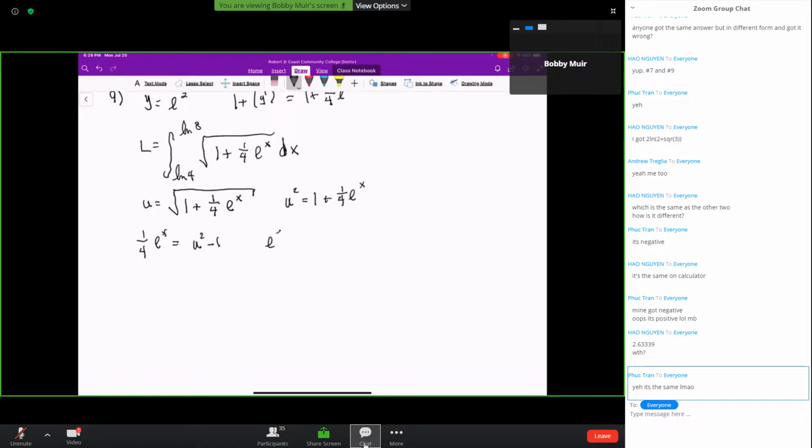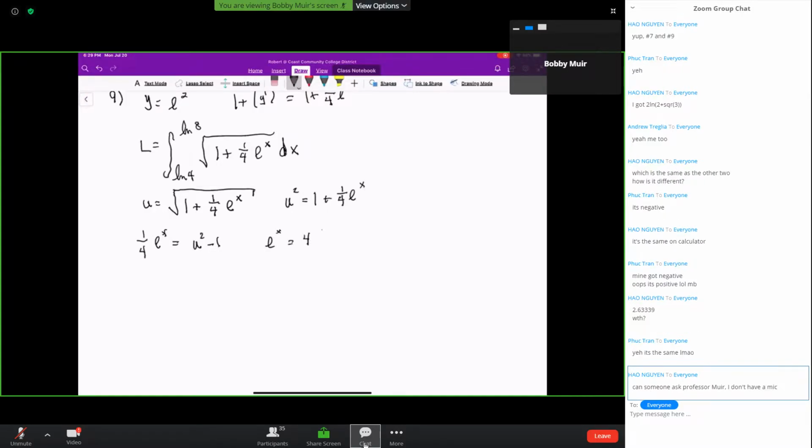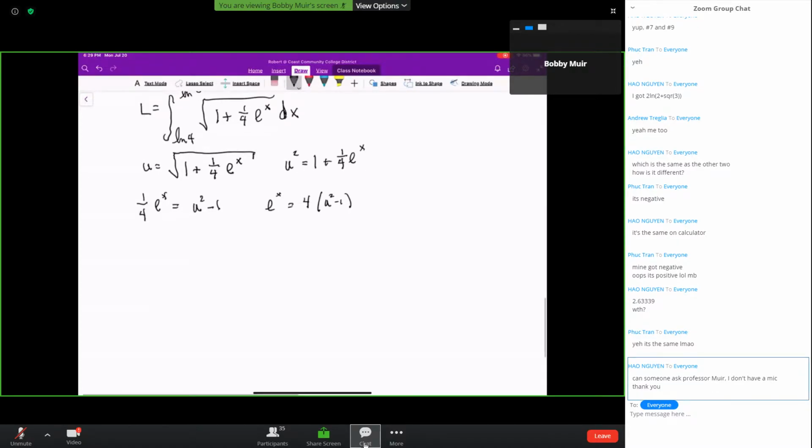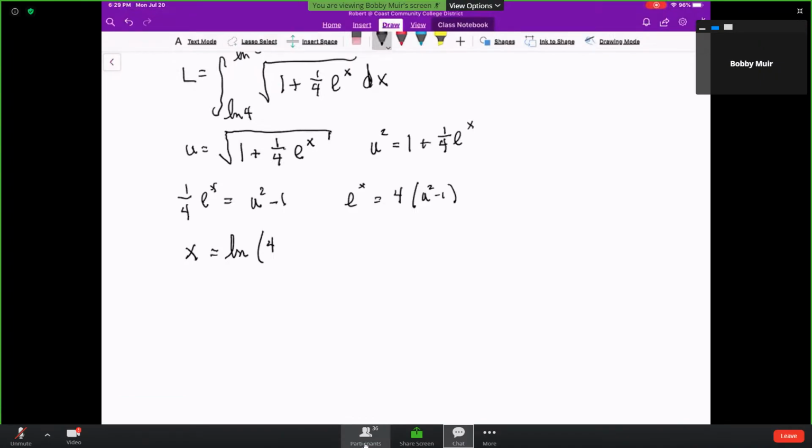So e to the x is equal to 4 times u squared minus 1, and so x is going to be the natural log of 4 times u squared minus 1, I mean minus 4.